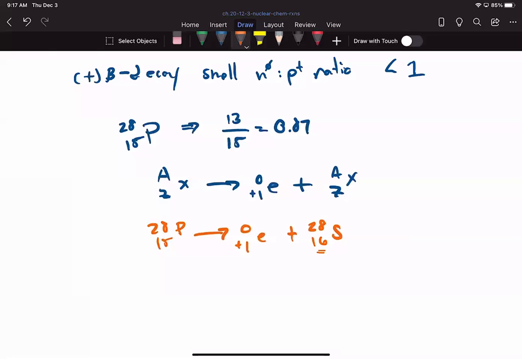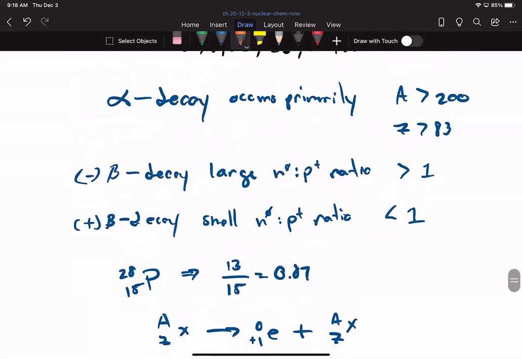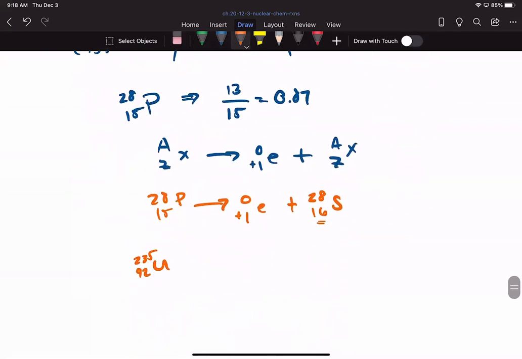Let's see here. What else can we do? How about uranium 235? That mass is larger than 200 and the atomic number is larger than 83, so we're going to see alpha decay here.